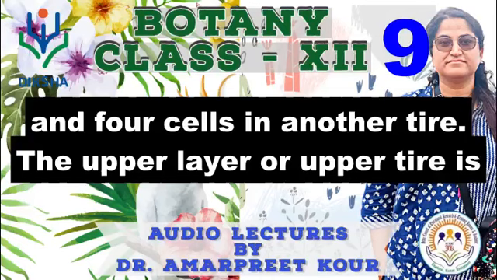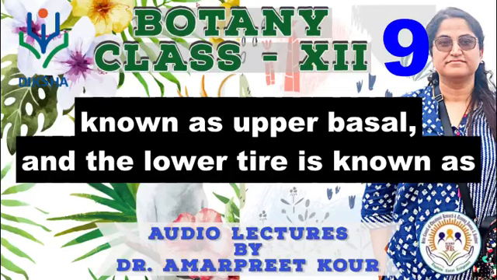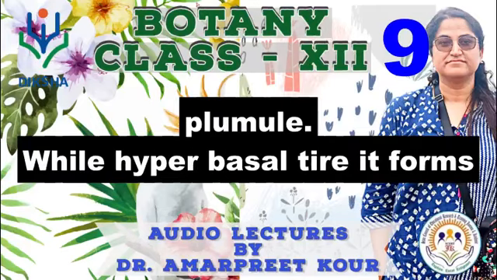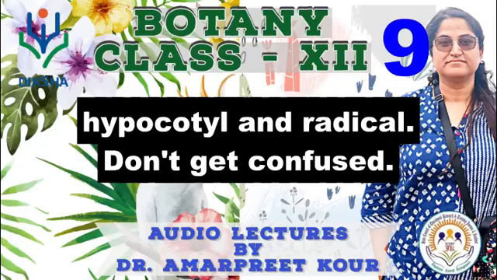The upper tier is known as epibasal and the lower tier is known as hypobasal. Epibasal tier forms two cotyledons and a plumule, while hypobasal tier forms hypocotyl and radicle.